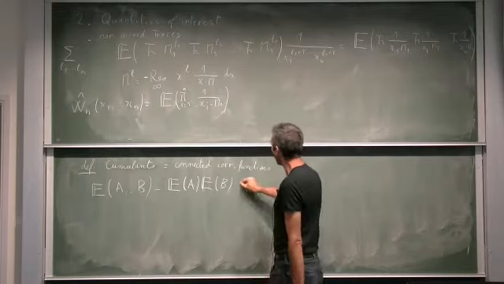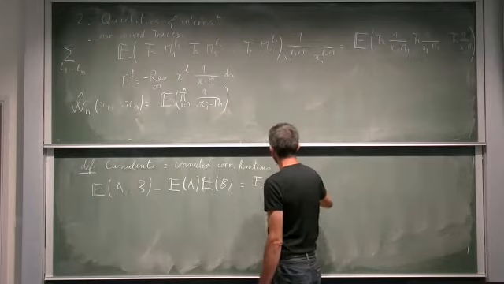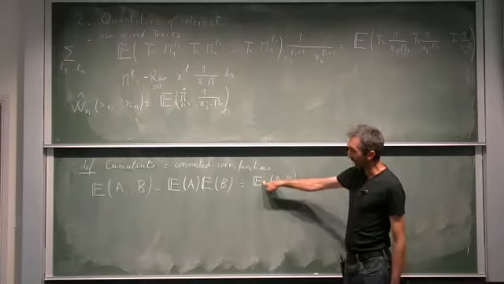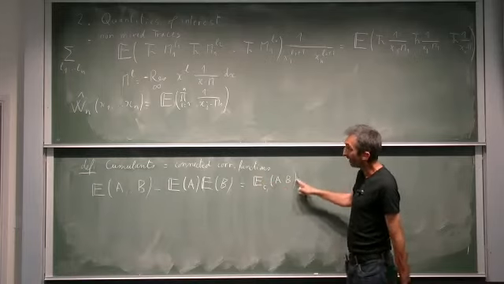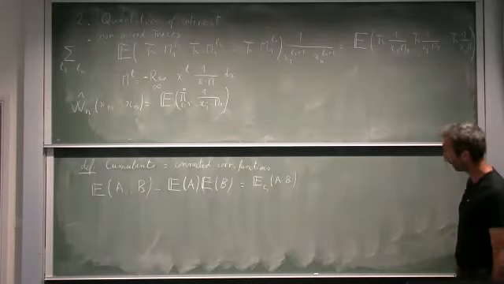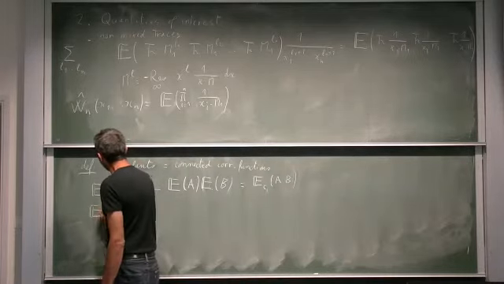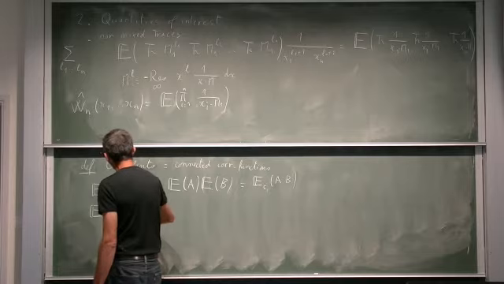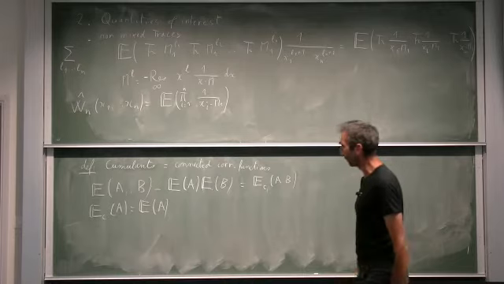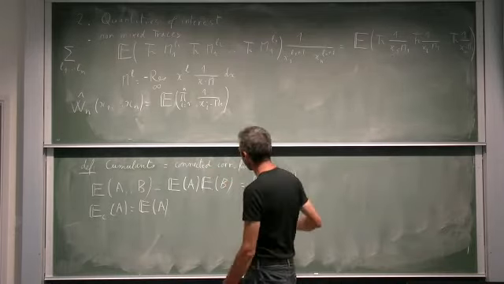And you call that EC of A, B. So by definition, the cumulant expectation value or the connected expectation value is the expectation value of a product minus the product of expectation values. Let's also define that EC of A, when you have a product of only one term, the connected expectation value, the cumulant, is the same as the expectation value. You can write the first equation the other way around.